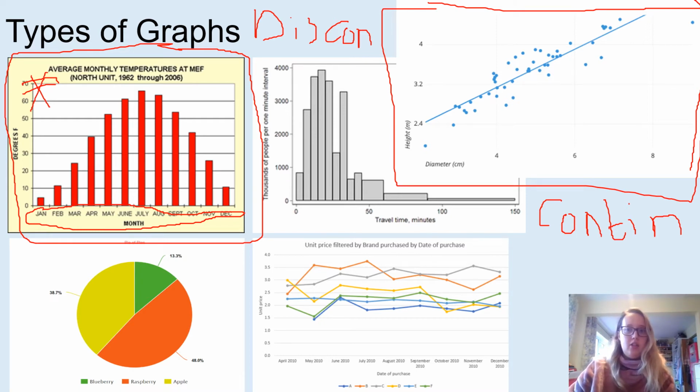Now, you would use scatter graphs for every other data set that you have, because you can easily plot the points clearly, and you have the x-axis here, and then you have the y-axis here.